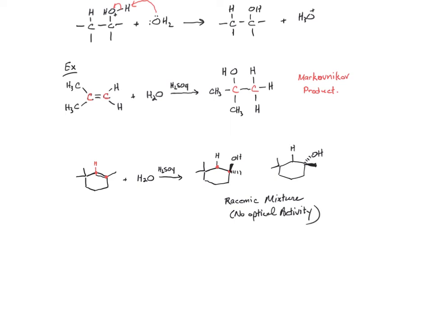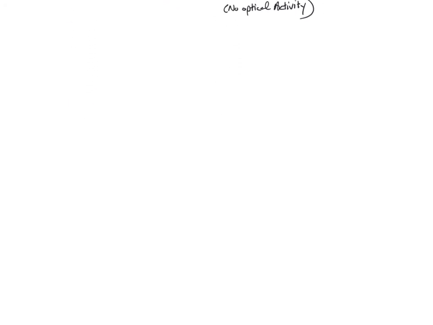Now, a related reaction to the hydration is actually an alternative method for us to make ethers. So consider if we were to take an alkene. And again, we'll keep things general.